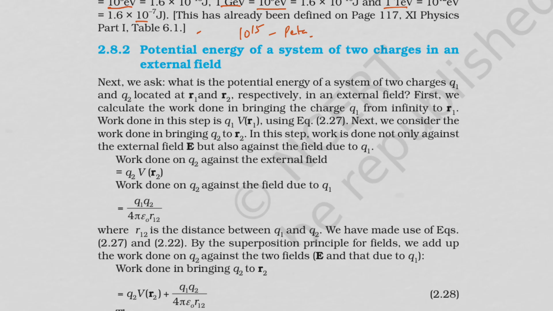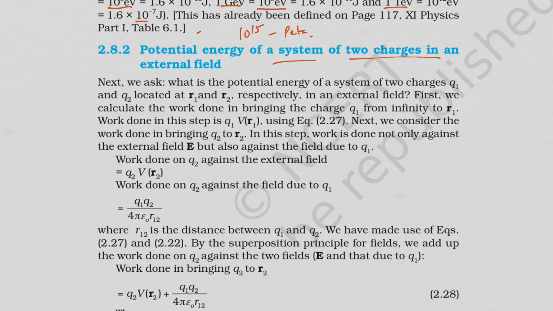Now you know about the single charge, that is Q1, which is brought in the external electric field, and what happens to the potential energy stored on that charge. Now just include more charges. We are talking about a system of charges, so just take 2 charges in the system.